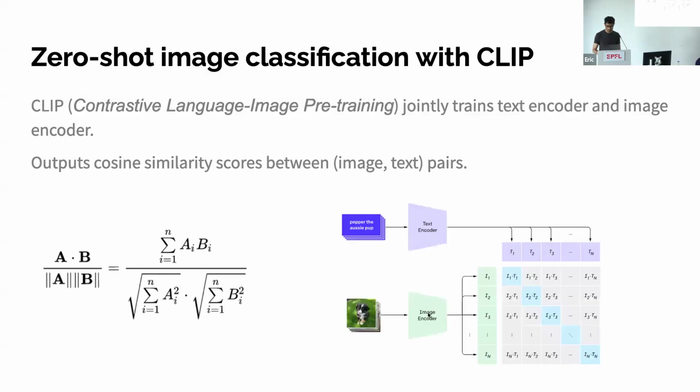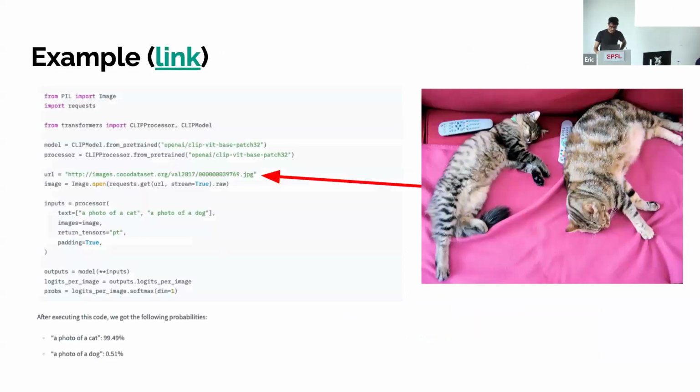Here's a visualization from OpenAI, where they compute a confusion matrix between image and text pairs, and you can see which ones are more likely to correspond to each other. If you're describing the puppy, this score would be higher for that particular pair.